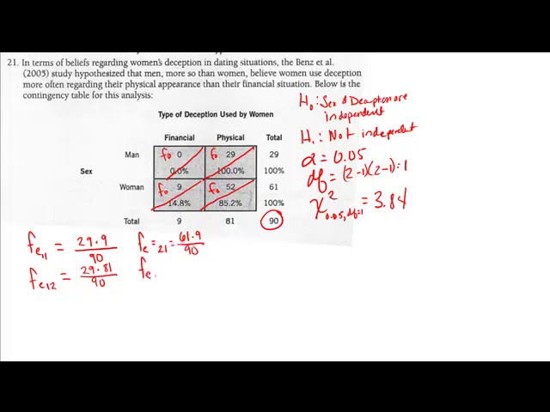And the frequency expected for row 2, column 2 is equal to the total of row 2 times the total of column 2 divided by n. So this is just my notation, right? Row 1, column 1, row 1, column 2, row 2, column 1, row 2, column 2.